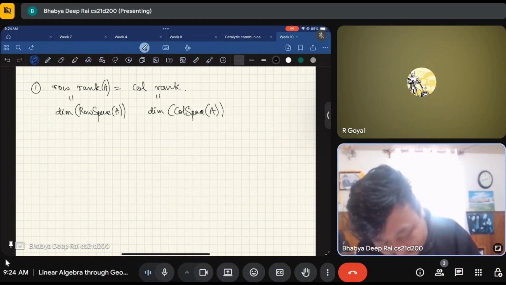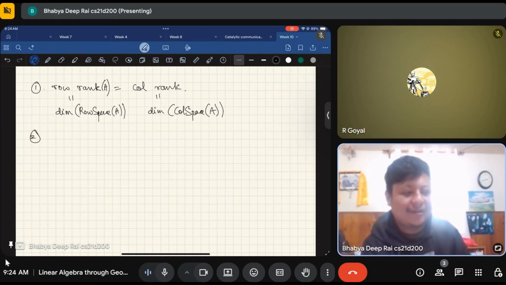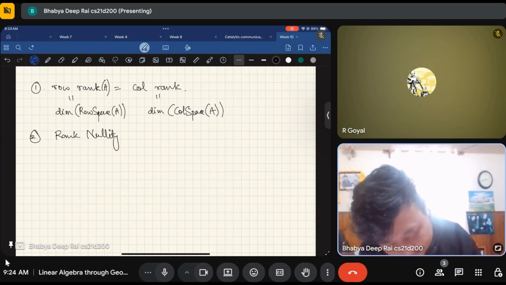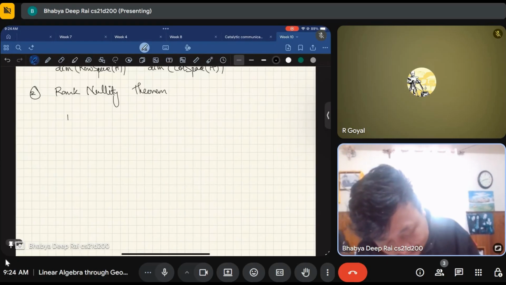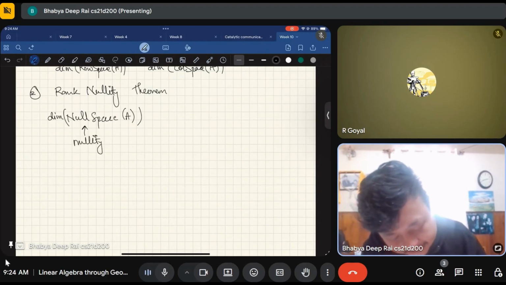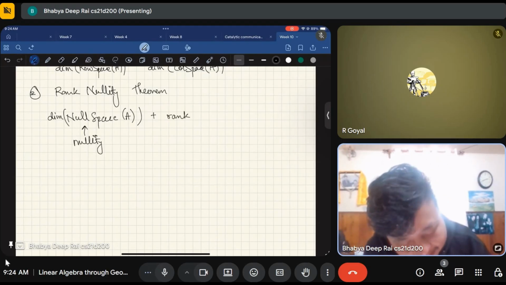And the second thing is, what about the null spaces? This is what is called the rank nullity theorem. It says that the dimension of the null space of A, which is also called the nullity, plus the rank, which can be either row rank or column rank, is equal to n, the number of columns.